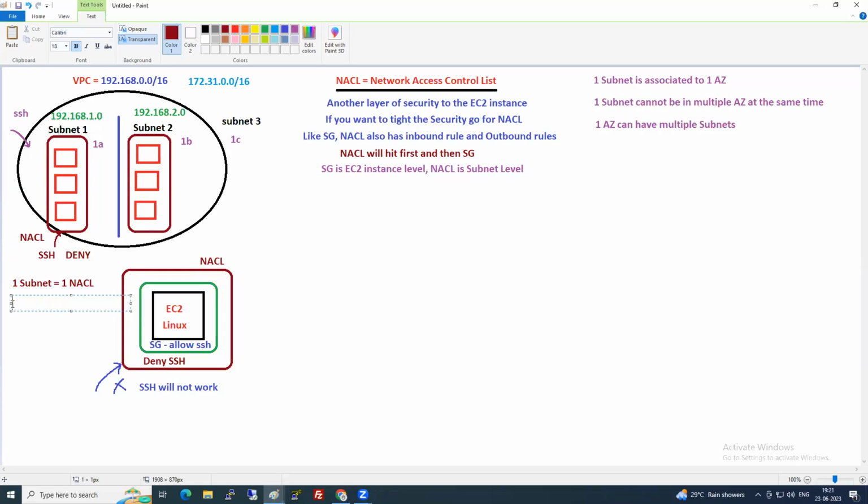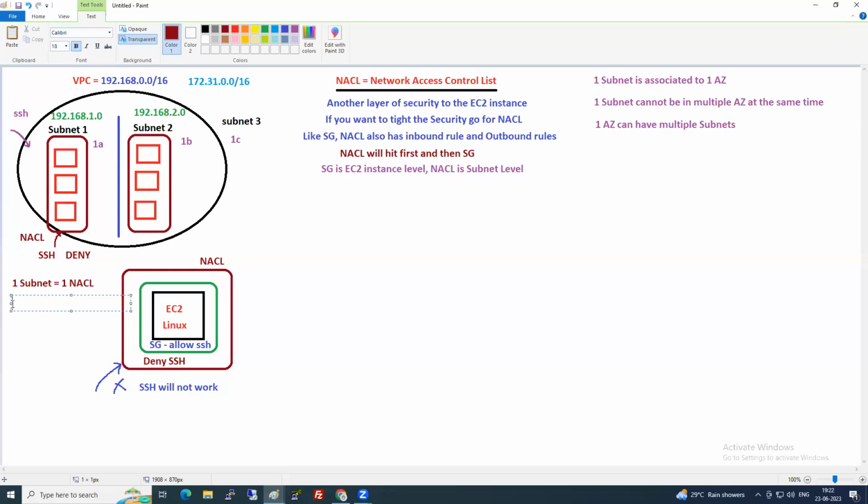So one subnet should not be associated to multiple NACLs. Agree? You got this point or not? One subnet is associated to one NACL.